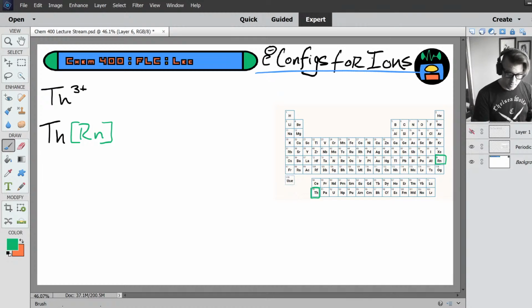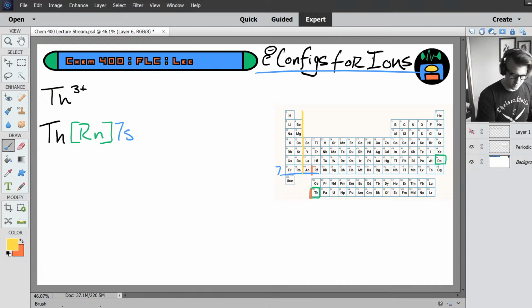Now we have to remember where thorium comes in. Thorium is in the second row of the F block, which means it enters right here after actinium, which places it on the 7th period. So we're going to have 7s. Let's not forget, we got to cross into the D block.